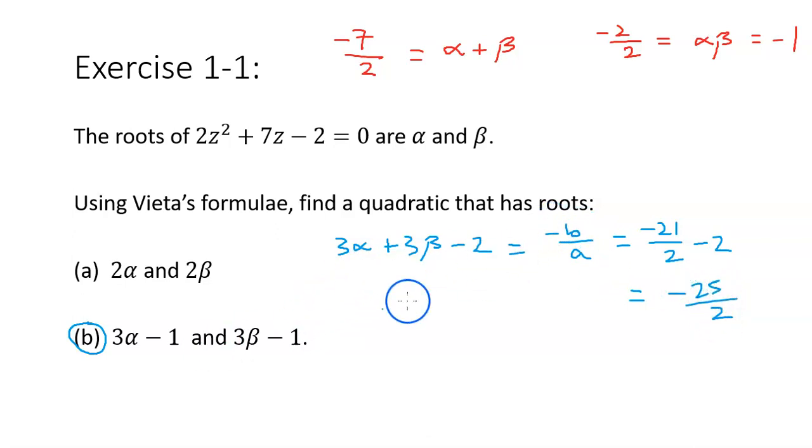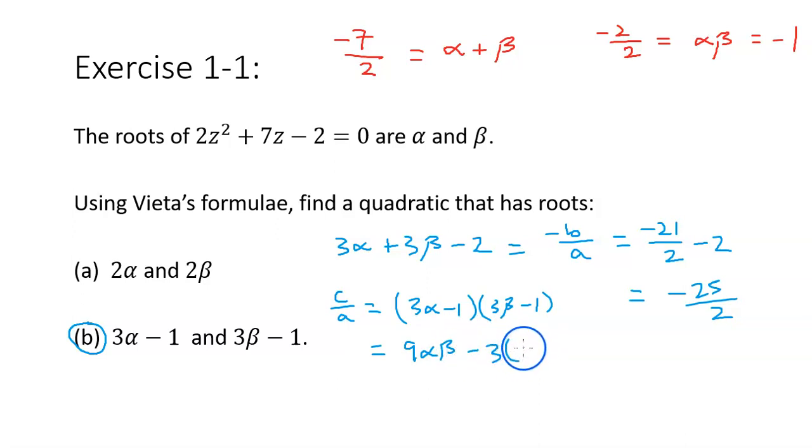And now we need to find our c divided by a. So c divided by a is equal to 3 alpha minus 1 times 3 beta minus 1. And expanding that out, we can get 9 alpha beta minus 3 times alpha plus beta, and then plus 1.